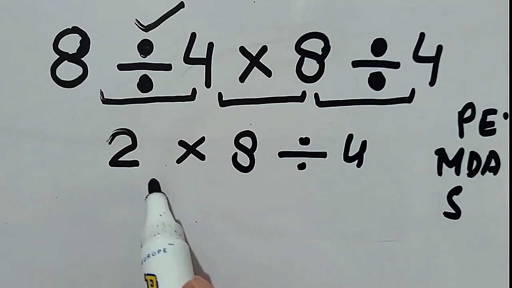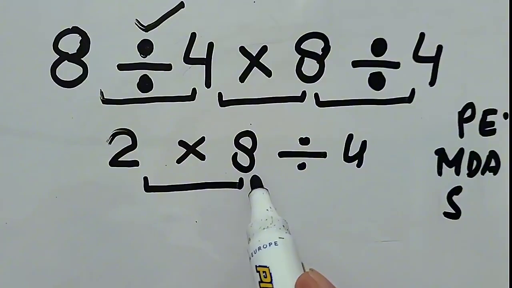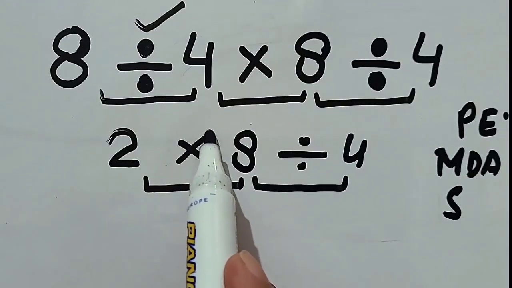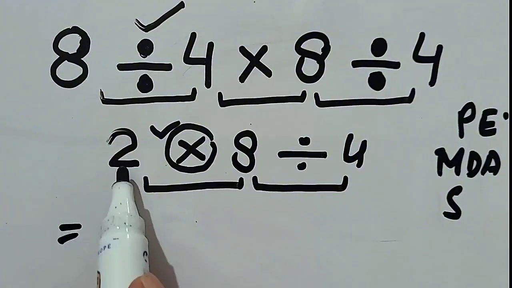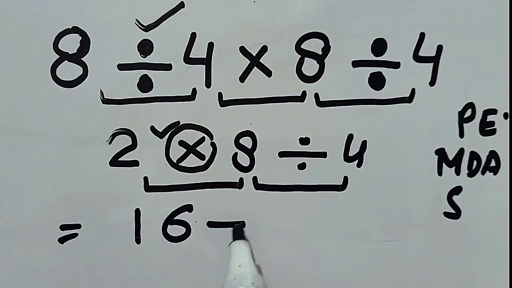Now again the problem is whether we have to solve multiplication first or division first. Then PEMDAS again says that the operation which is at the left will be solved first. So 2 times 8 will be equal to 16 divided by 4.